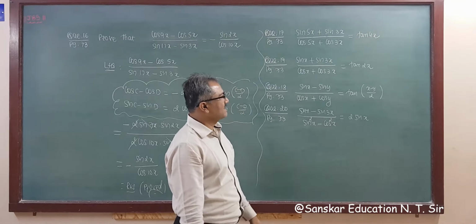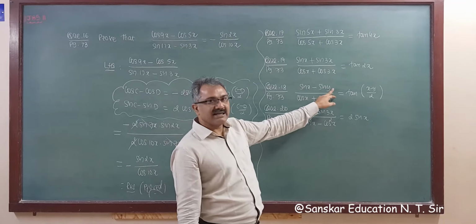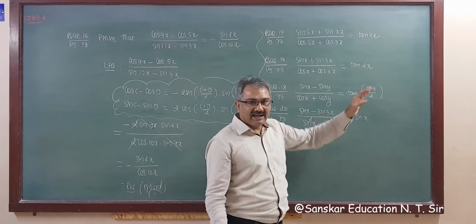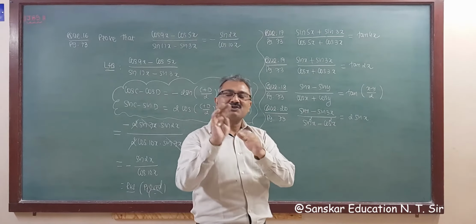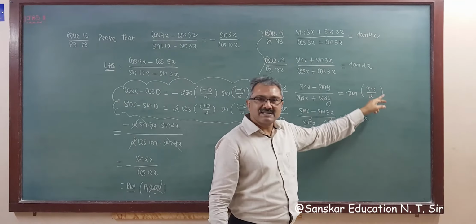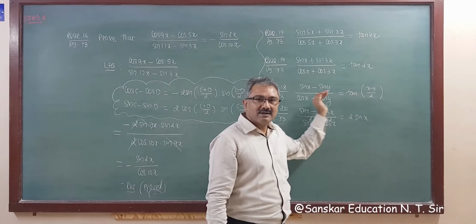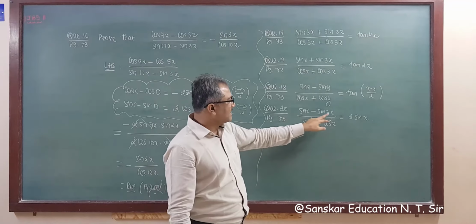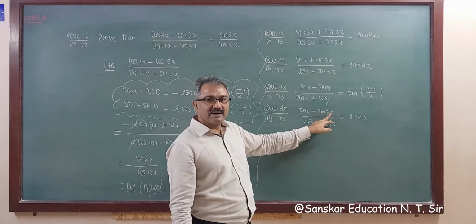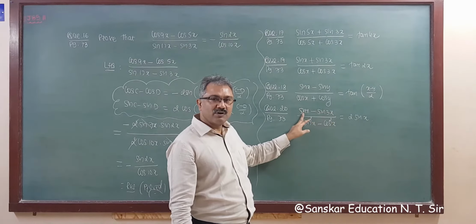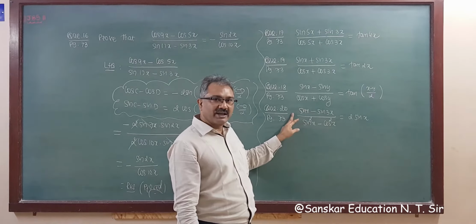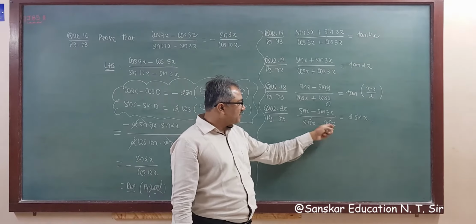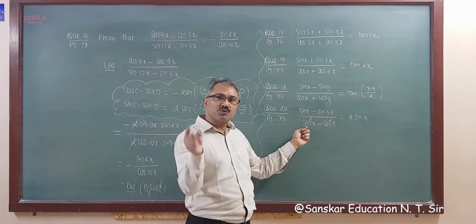So you will get your answer. Now use the sin C minus sin D formula and the cos C plus cos D formula. You will get (x minus y) by 2, (x plus y) by 2, because odd terms are given. Now here take minus common. The bigger angle is here and this is the small angle, so keep this first. Taking minus common, and this is cos square theta minus sin square theta, which is the cos 2 theta formula.